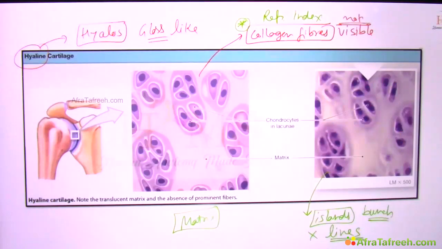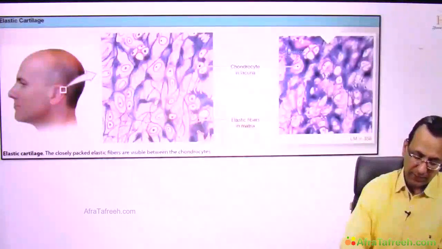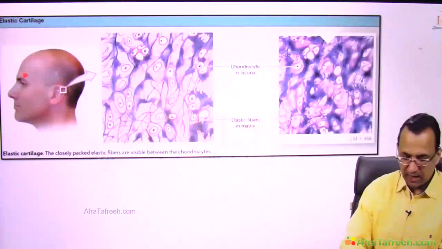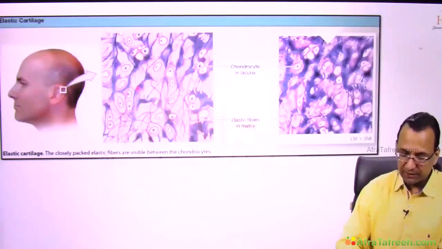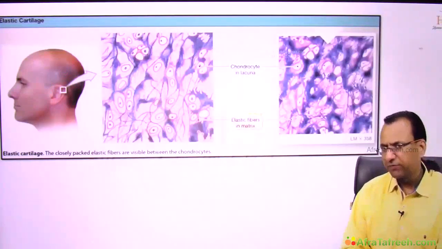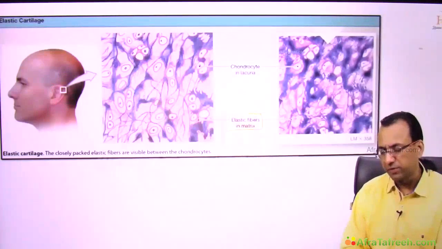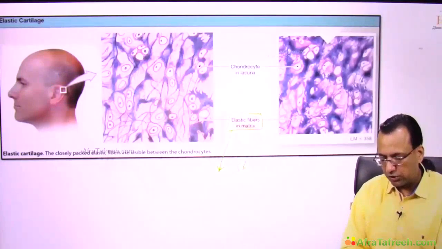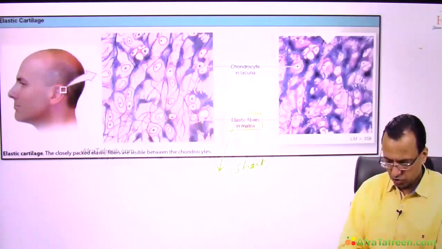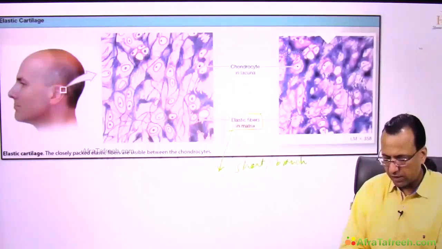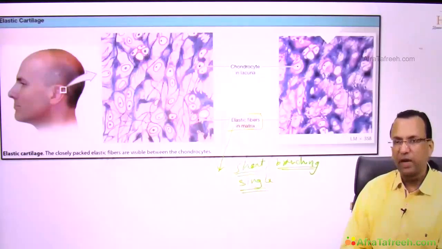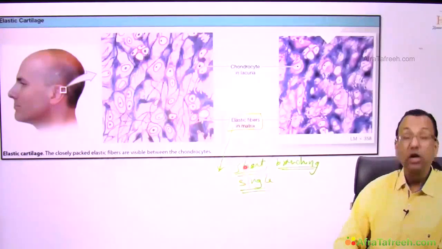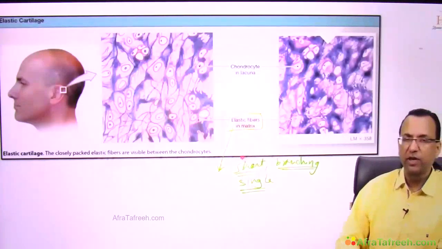Okay, then how do you know about the elastic cartilage? Elastic cartilage, like in the external ear, the pinna, you will find the elastic cartilage. It has elastic fibers, which we were talking about, which are short and branching, and they run single. They do not run in bundles like collagen fibers run in bundles.